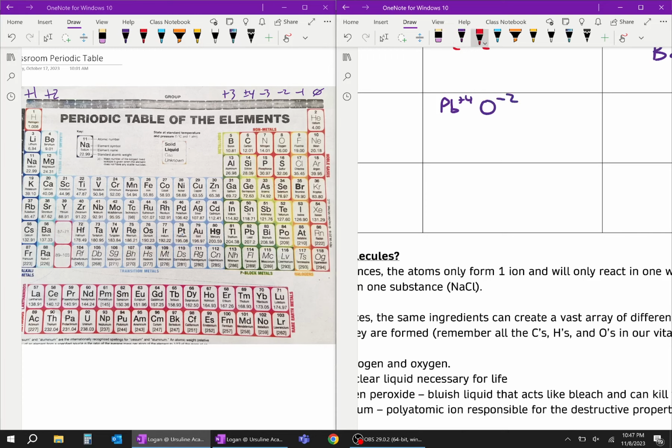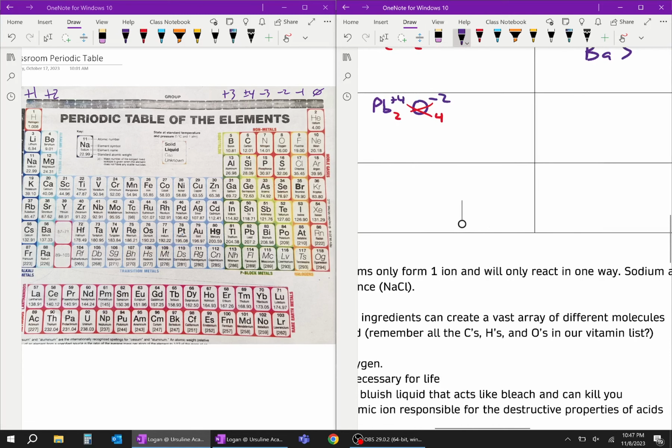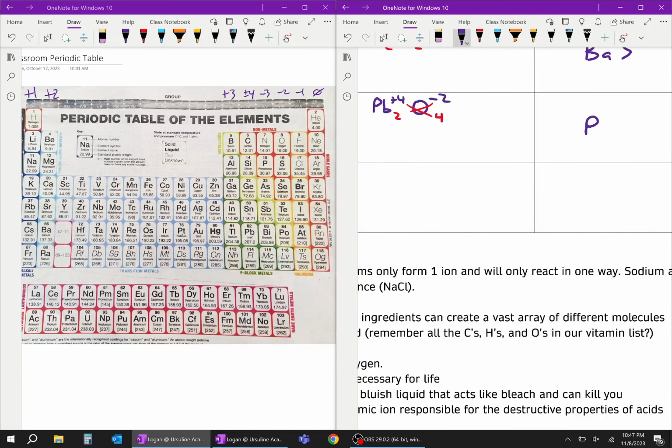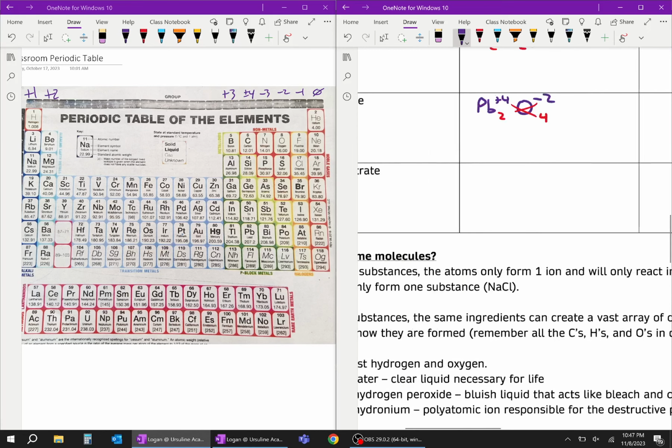If we're going to follow the crisscross method, I put a 2 next to lead, I put a 4 next to oxygen. This can be simplified, so it must be simplified. Both numbers are divisible by 2, so that tells me I need 1 lead atom for every 2 oxygen atoms. PbO2 is the final answer.